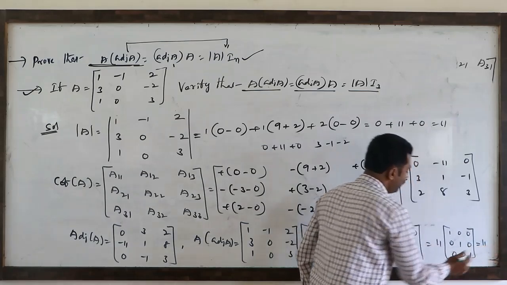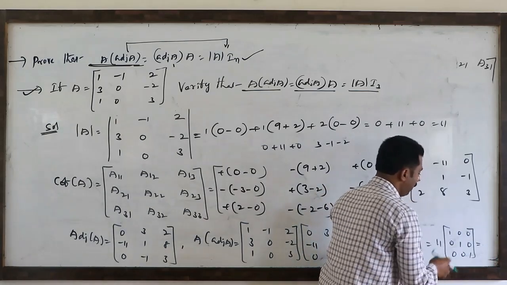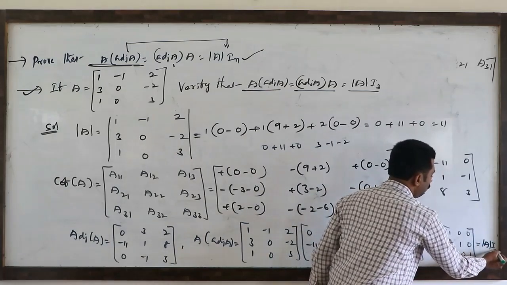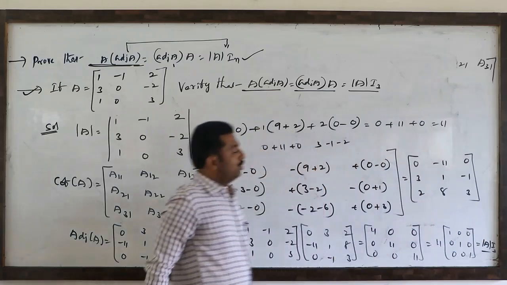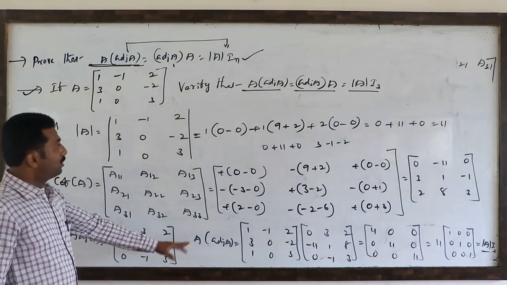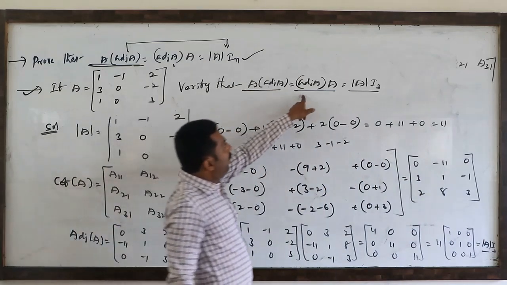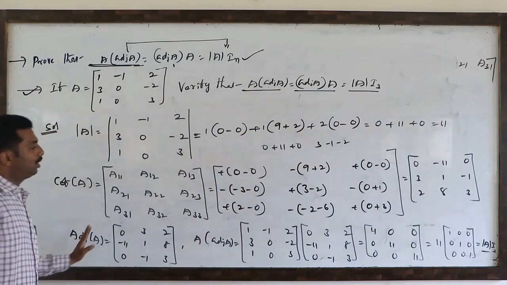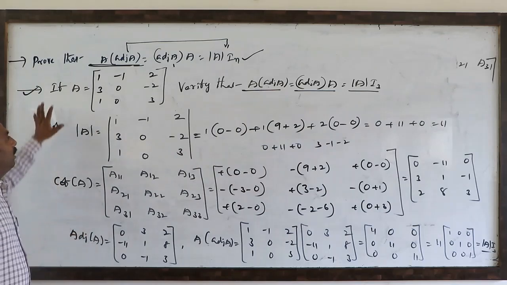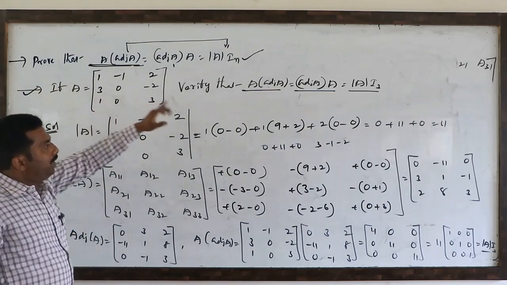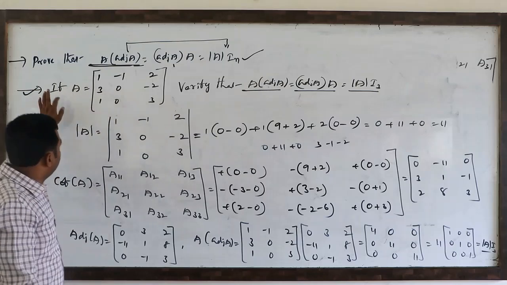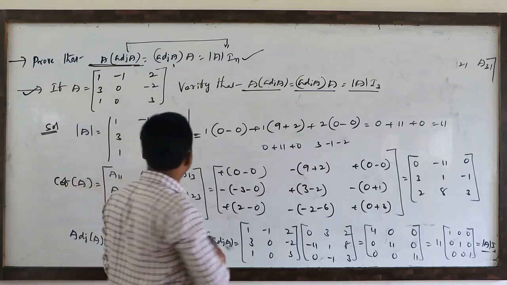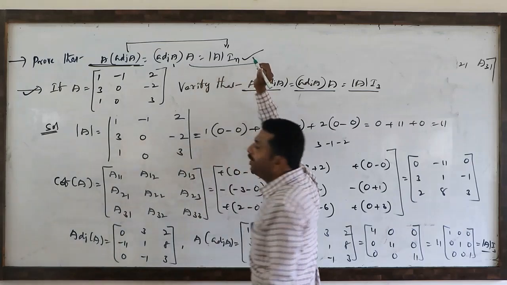So this 11 is nothing but determinant of A. Clearly determinant of A into I3. So like that we have proved. Similarly, you can take adjoint of A into A also, determinant of A into I3. So like this we have to calculate. Adjoint A into A equal to determinant of A into I3. So this is the proof of this based on this property. Okay, thank you.